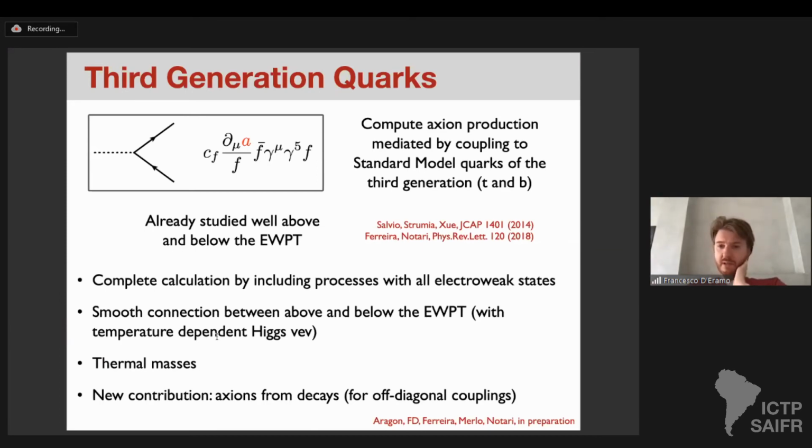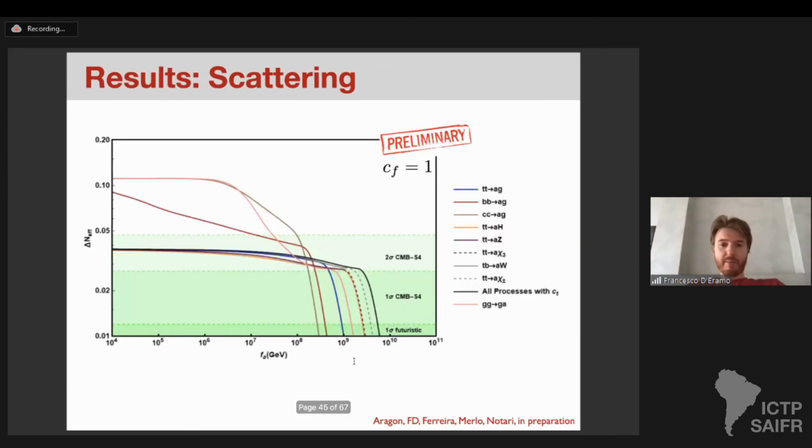As I was mentioning, the symmetry breaking of the electroweak interactions is something that happens at a characteristic scale. If you go to higher temperature, the electroweak symmetry is restored, okay? And we are also adding a new contribution from axion decays, if you have flavor-violating couplings.